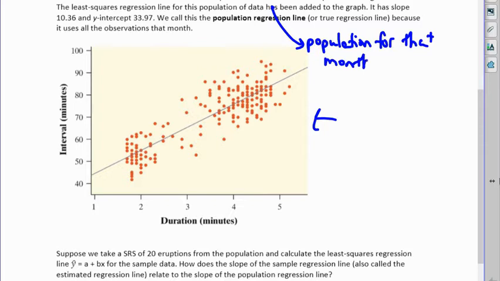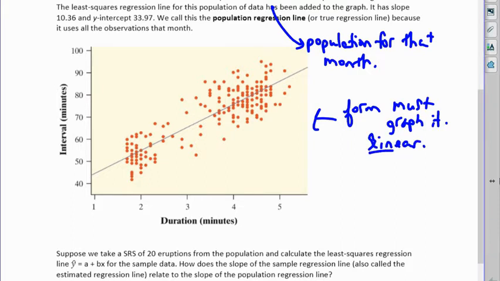So in fact, inference would not be appropriate for this because we actually do know the population. But we can still do linear regression because we can look at the form, and when we look at the graph, so you must graph to do this, this shows a roughly linear form, so that means it would be appropriate for linear regression.